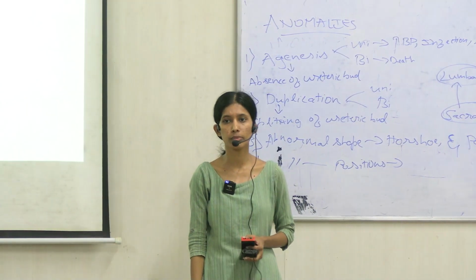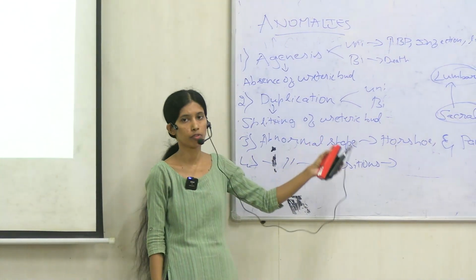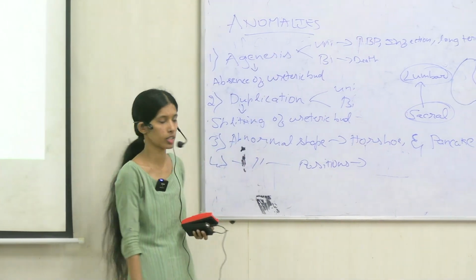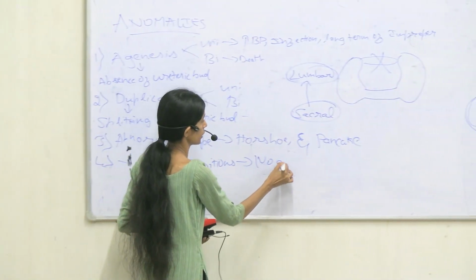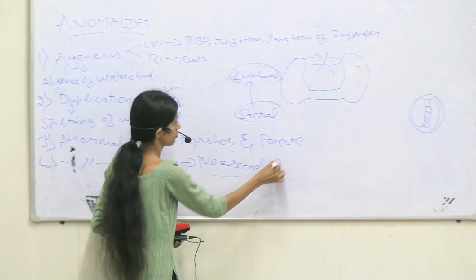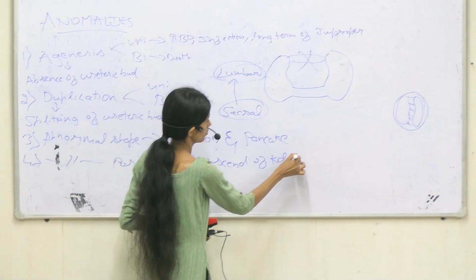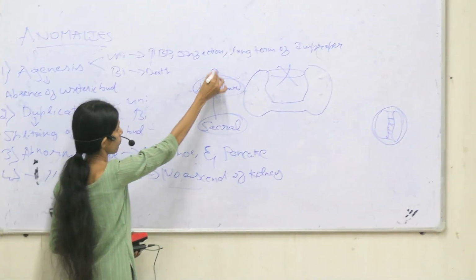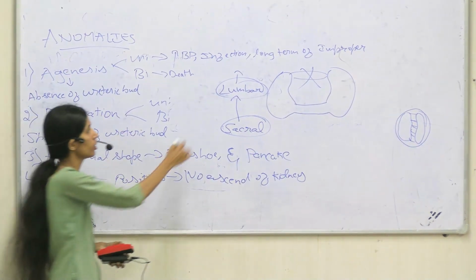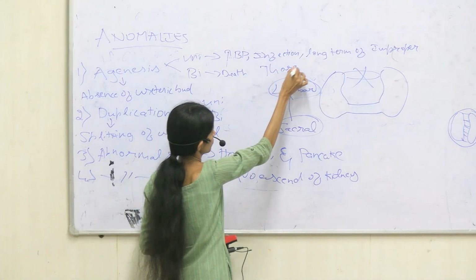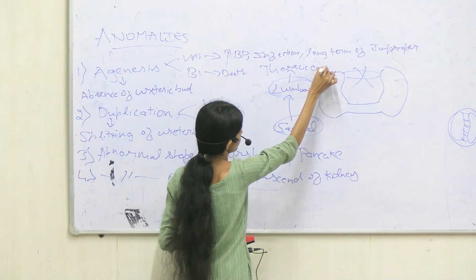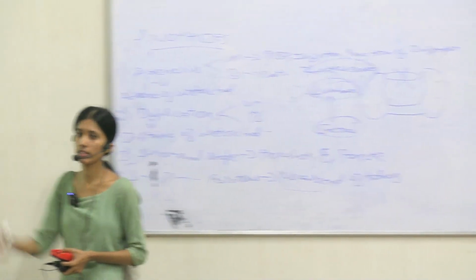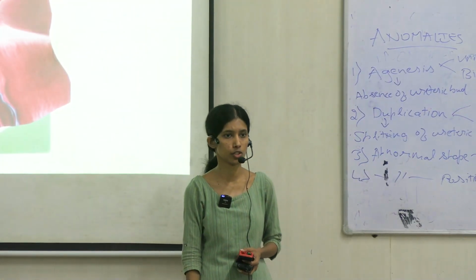But sometimes your kidney will fail to move towards the lumbar region. So there will be no ascent of kidneys. Or sometimes instead of reaching the lumbar region, it will move up to the thoracic cavity region. This is like a hyper ascent of the kidney condition.